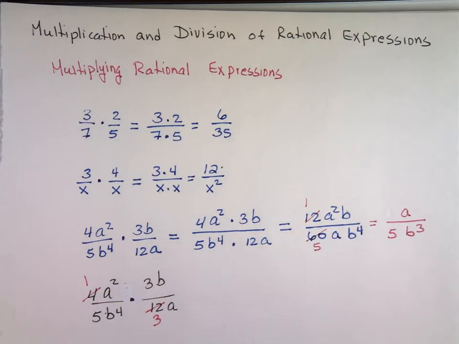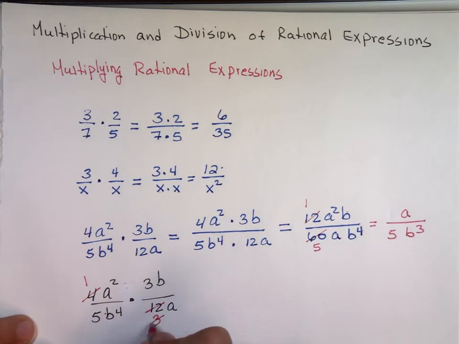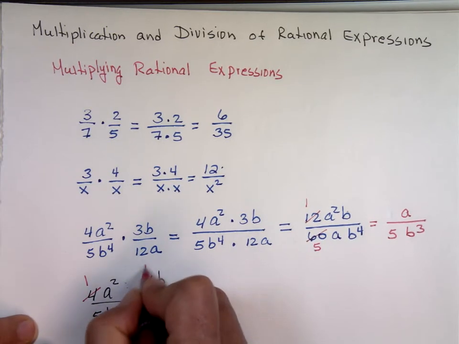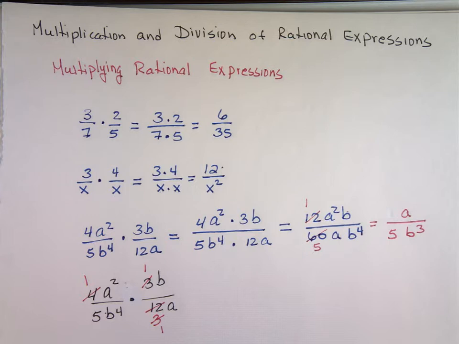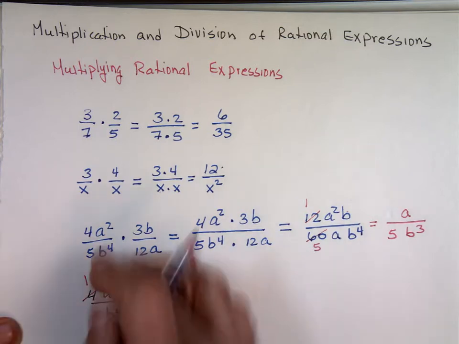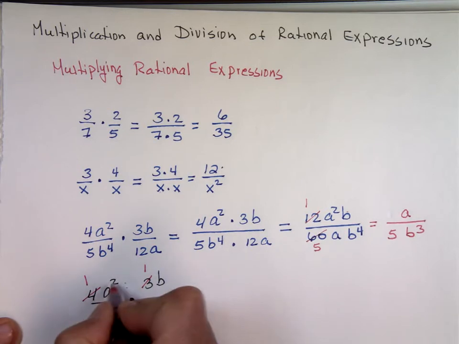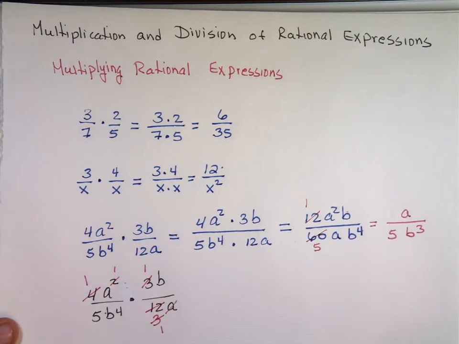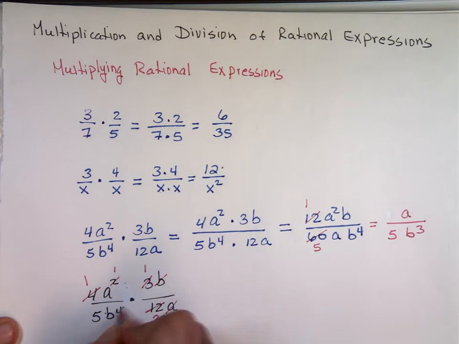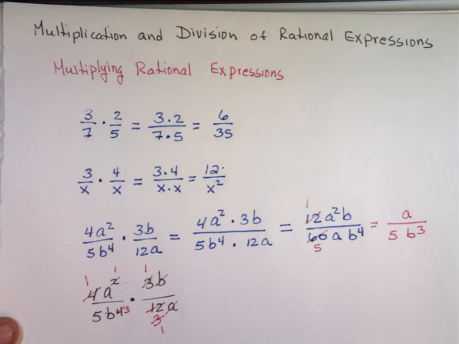That's fine. Then they go, wait a minute, by 3 this is 1, by 3 this is 1. I have 1a on the bottom. As long as top and bottom, it doesn't matter. It doesn't have to be the same fraction. This a cancels one of these. That will leave me with 1 here. This b will cancel one of these. That will leave me with the 3 here.